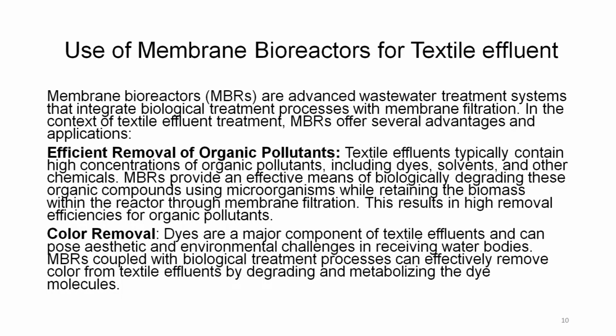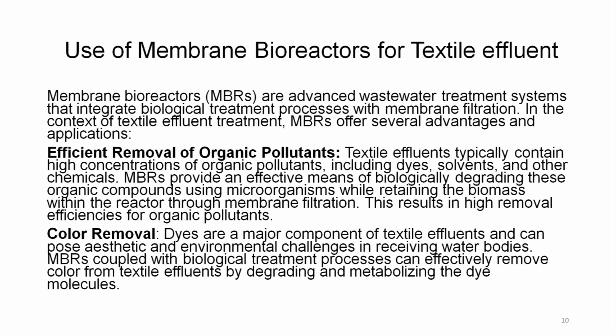Efficient removal of organic pollutants. Textile effluent typically contains high concentrations of organic pollutants, including dyes, solvents and other chemicals. MBRs provide an effective means of biologically degrading these organic compounds using microorganisms while retaining the biomass within the reactor through membrane filtration.